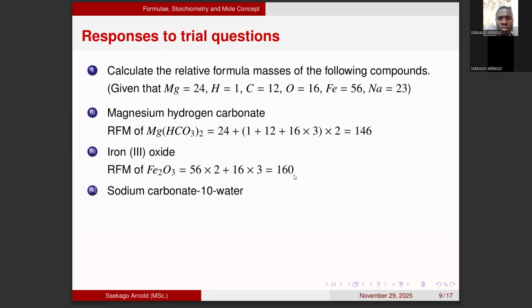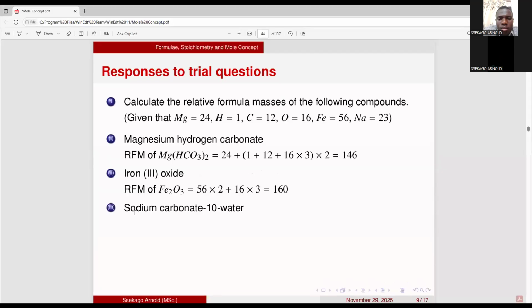Next, you have sodium carbonate 10 water. Sodium carbonate 10 water, this is how it looks like. Let me start with the sodium carbonate. To formulate it, it is made up of a metal, sodium, which is Na.